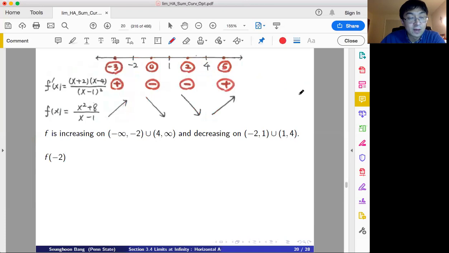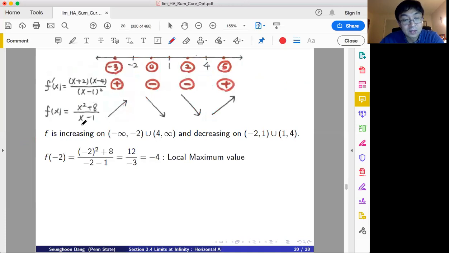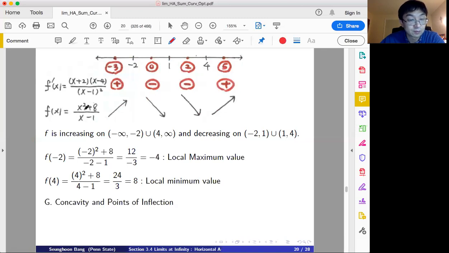For f of negative 2, you plug negative 2 into x. Negative 2 squared plus 8 over negative 2 minus 1, 12 over negative 3, is negative 4. That is the local maximum value. For f of 4, plug 4 into x. 4 squared plus 8 over 4 minus 1 is 24 over 3, so 8 is the local minimum value.